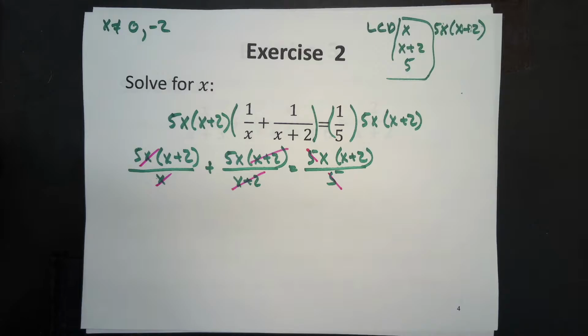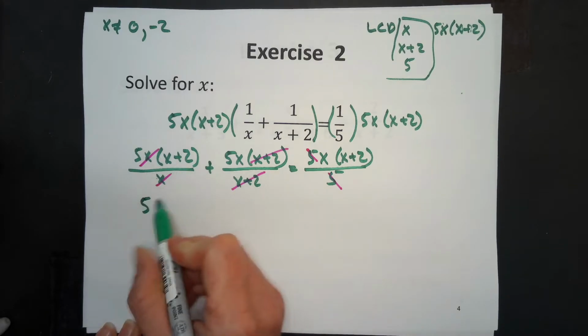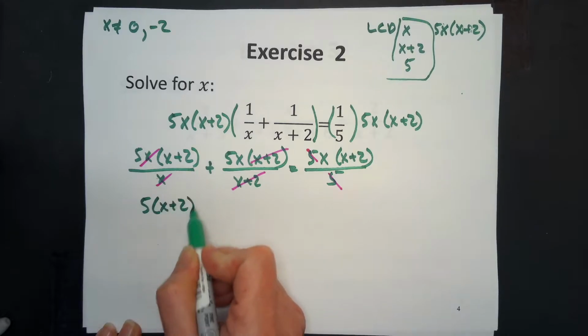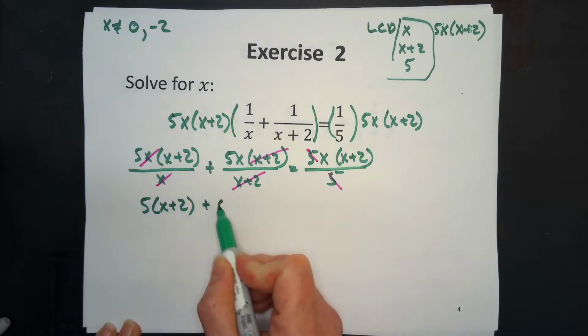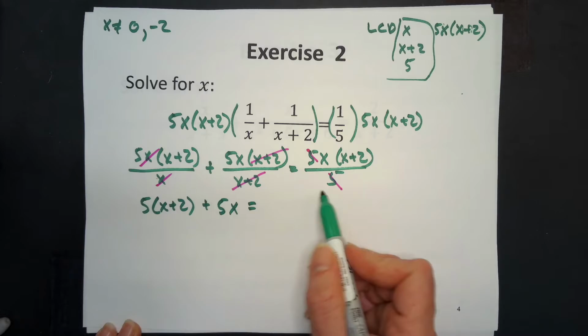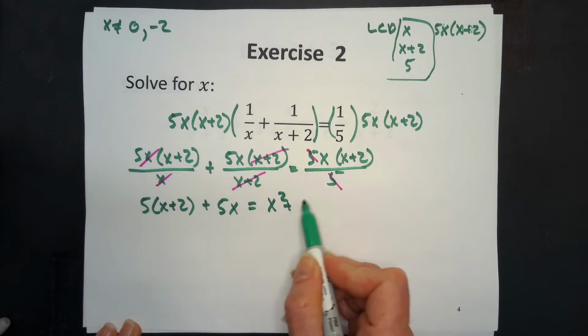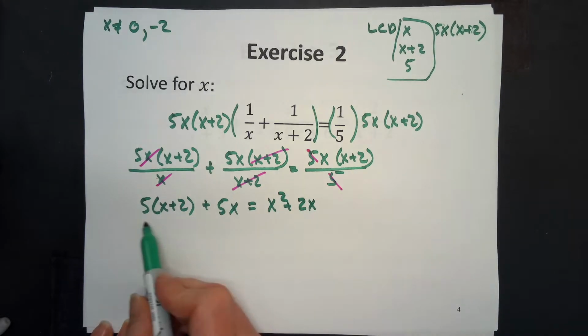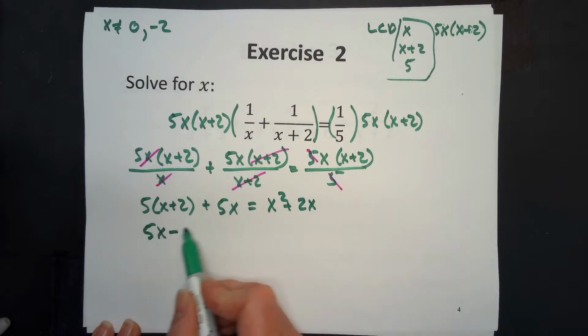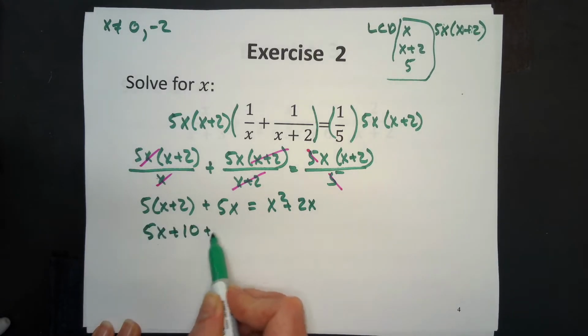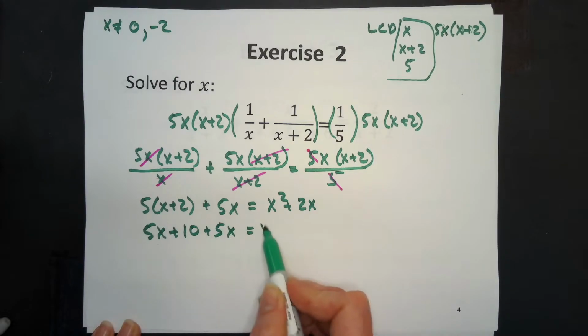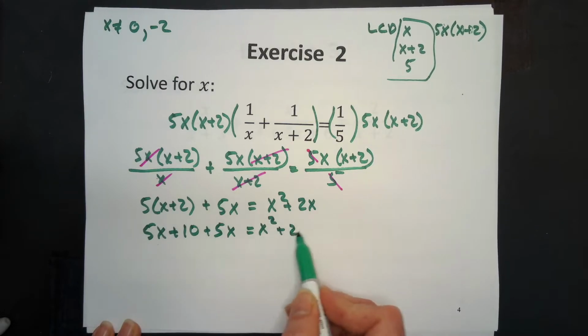And so we're going to have 5 times x plus 2 plus 5x equals x squared plus 2x. So that's going to give us 5x plus 10 plus 5x equals x squared plus 2x.